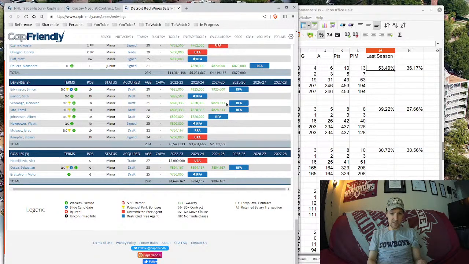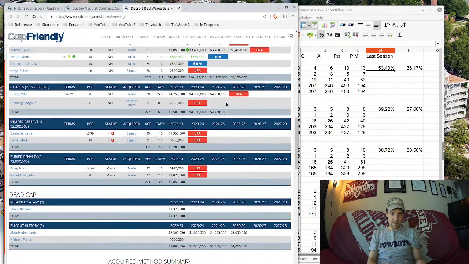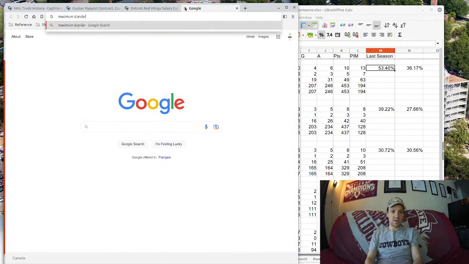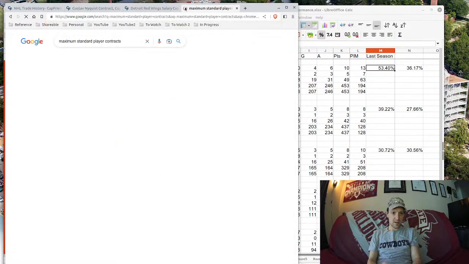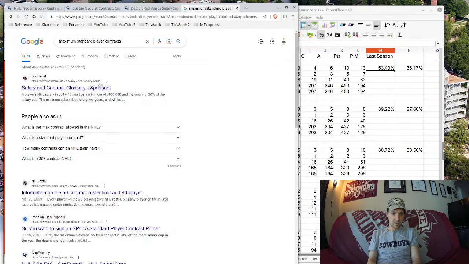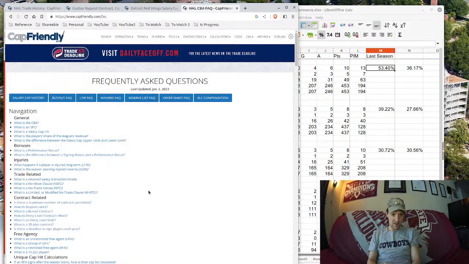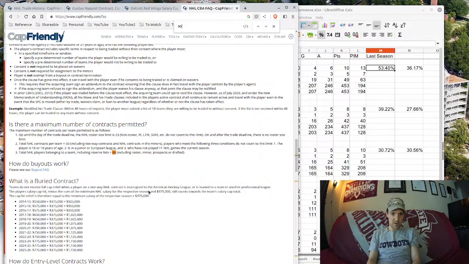What is the amount? Yeah, so maximum number of contracts permitted.